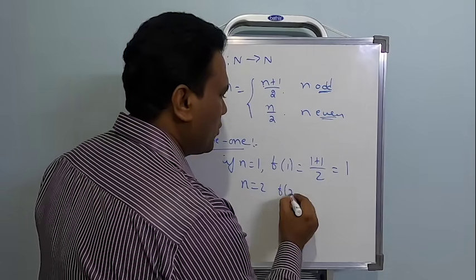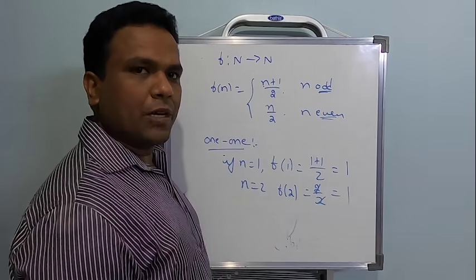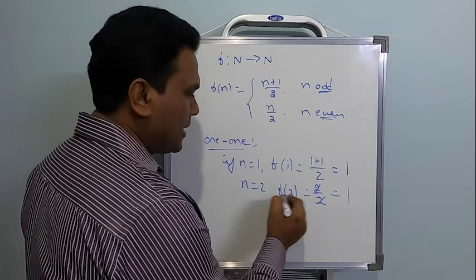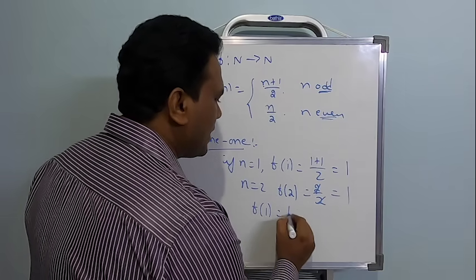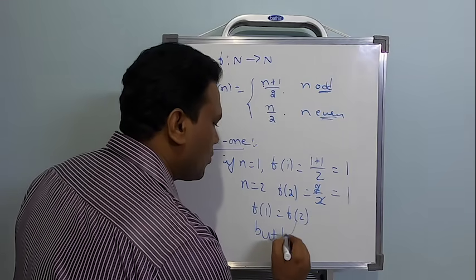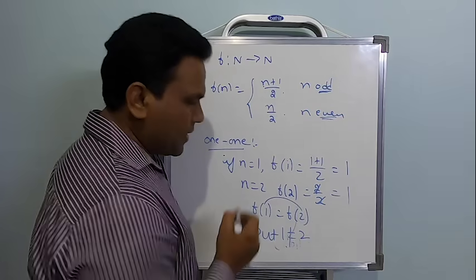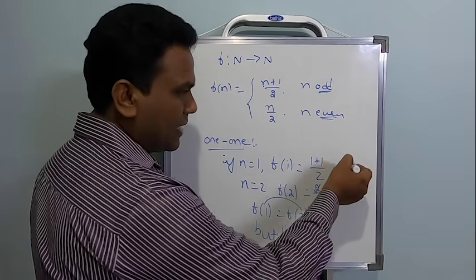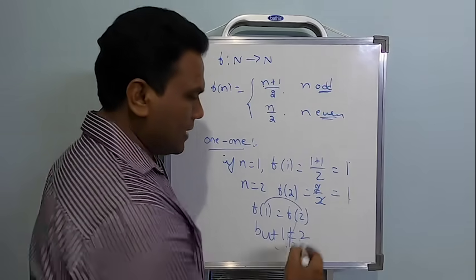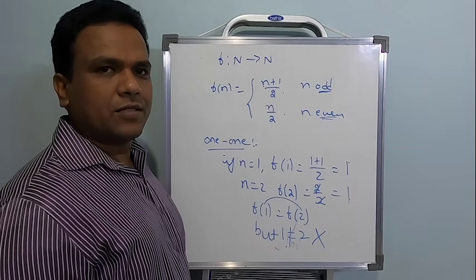Then f of 2 will be equal to 2 by 2. That also will be equal to 1. What does this say actually? This says f of 1 equal to f of 2, but 1 is not equal to 2. The elements are different, correct? But their image will be the same.